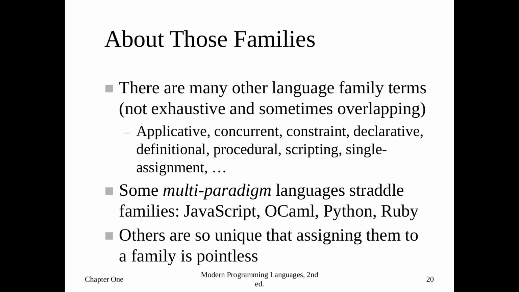But there are other families that are useful. I've looked into this several times. Depending on who you talk to, there are various different paradigms: declarative, definitional, procedural, event-oriented, event-driven, single assignment, scripting, concurrent. There's a whole bunch of different ones.